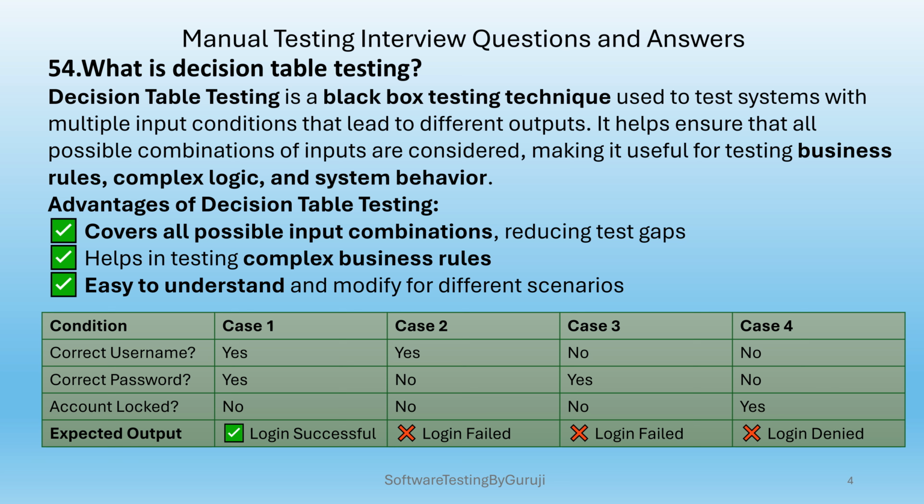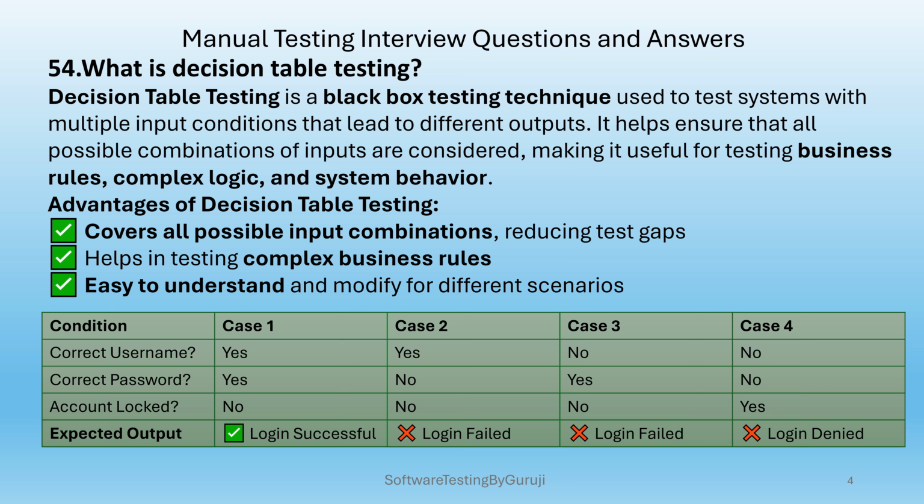Decision table testing is a black box testing technique used to test systems with multiple input conditions that lead to different outputs. It helps ensure that all possible combinations of input are considered, making it useful for testing business rules, complex logic, and system behavior.